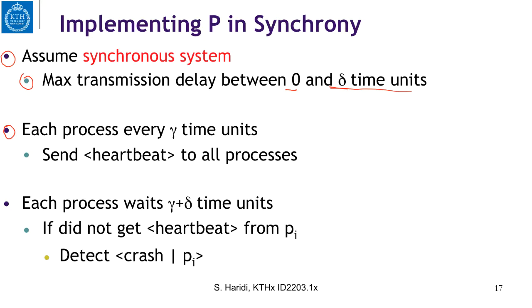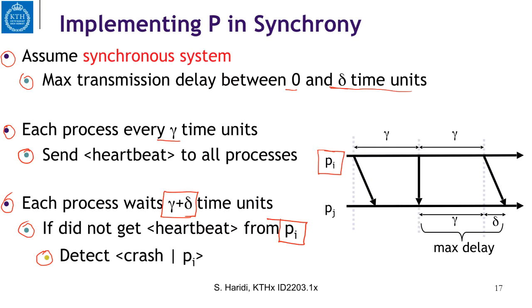Each process, every gamma time units, sends a heartbeat to all processes. And each process waits gamma plus delta time units. And if that process did not get a heartbeat from process Pi, then it declares that Pi has crashed.